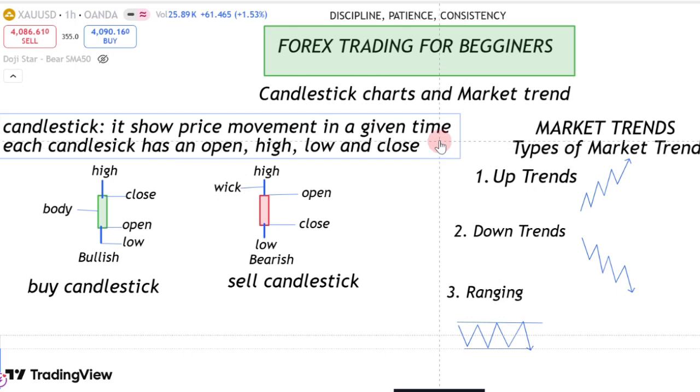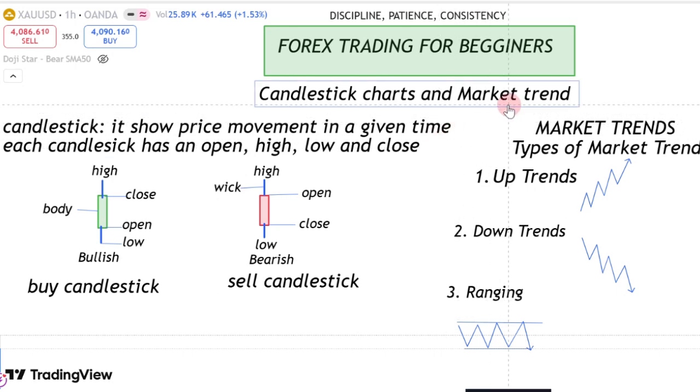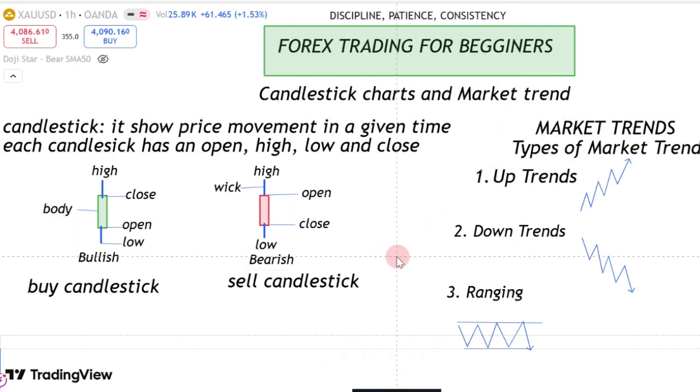So this brings us to the end of the topic: candlestick charts and market trends. I hope you have understood all this. It's very simple, it's not anything hard. And if you don't understand anything, let me know in the comment section and I'll attend to you.